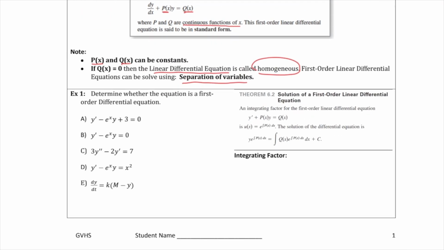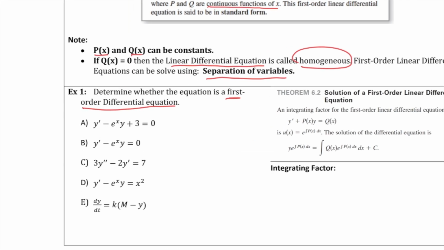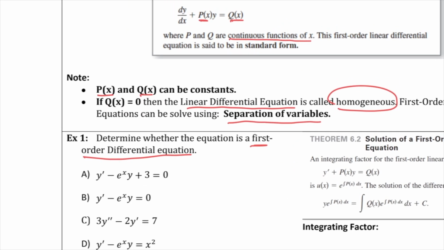The first thing we'd like to know is whether these equations are actually first-order differential equations. So look at the structure. Do we have, for question A, dy dx to start with? Yes. All right. Do we have some function of x multiplied by y? Yes, we do. But the 3 is on the wrong side.